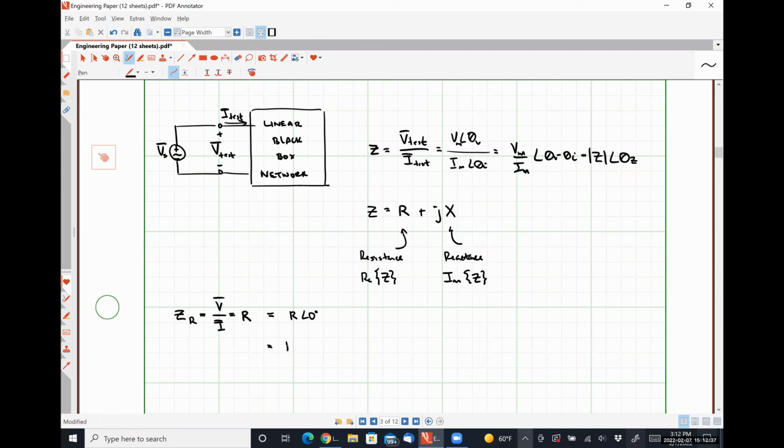And as a rectangular form complex number, looks like R plus j0. Not degrees here, sorry. So the real part of our impedance is literally just the resistance that we've been dealing with for the entire duration of this class. Not remotely a new concept whatsoever, okay?